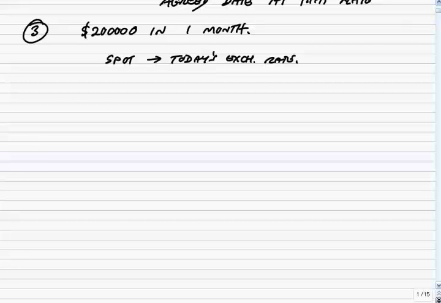However, the bank has quoted for us a forward rate, and it says there's a 1 month forward rate, dollar pound, 1.4910 to 1.4970.